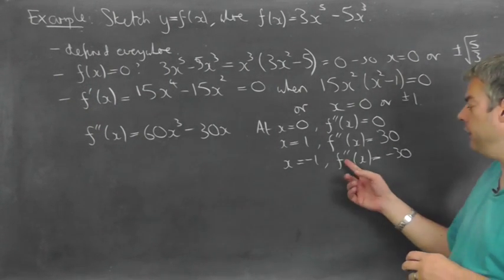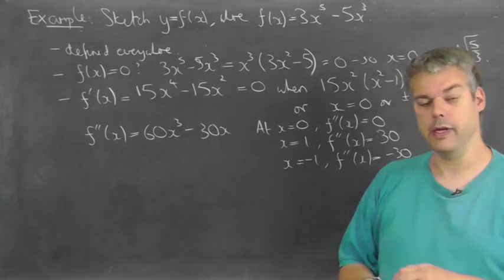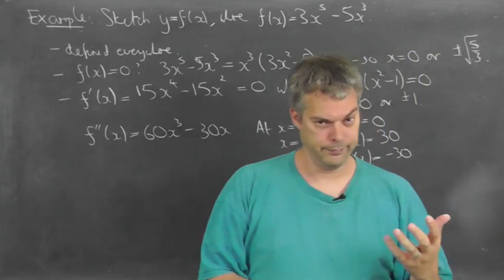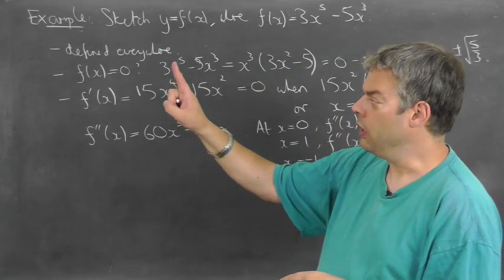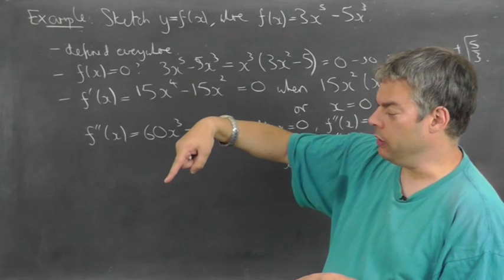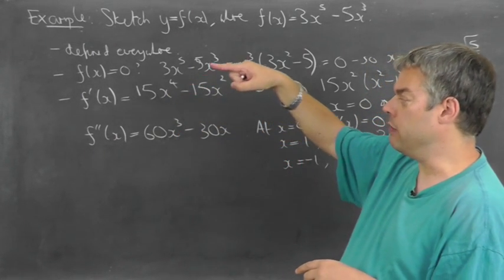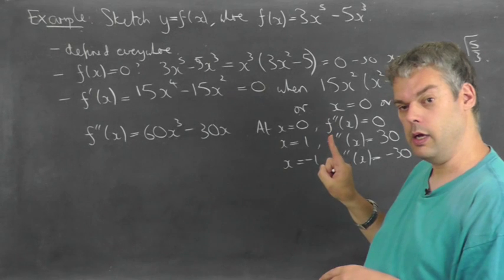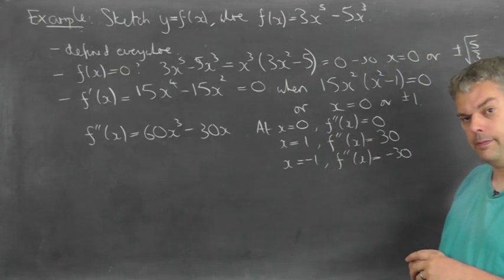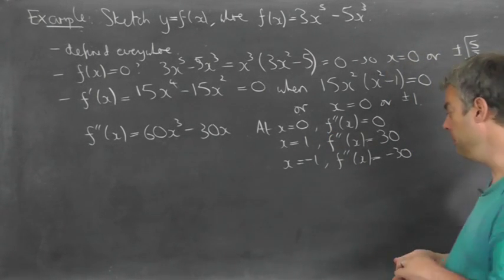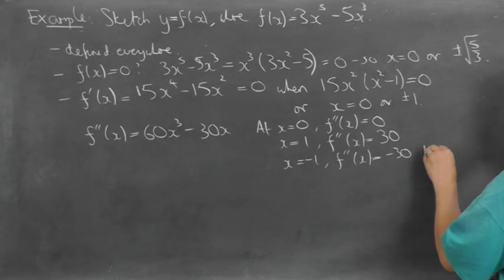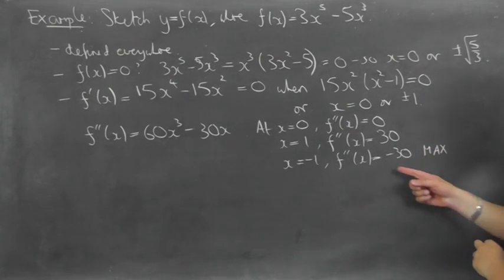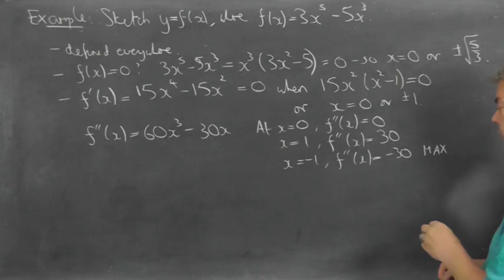Now remember that if f double dash is negative, that means that f dash is decreasing. So we're starting out being positive and decreasing towards 0 and ending up with a negative. So that happens at a maximum. And when f double dash is positive, that happens at a minimum.